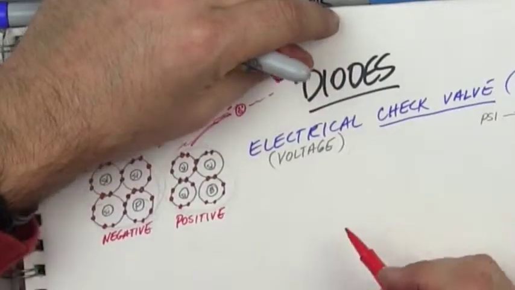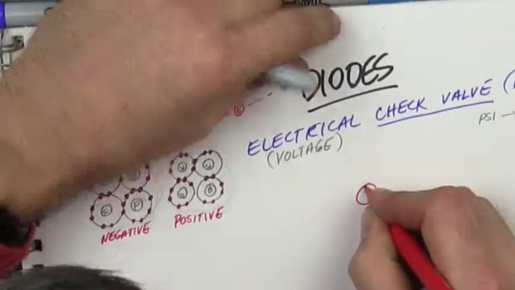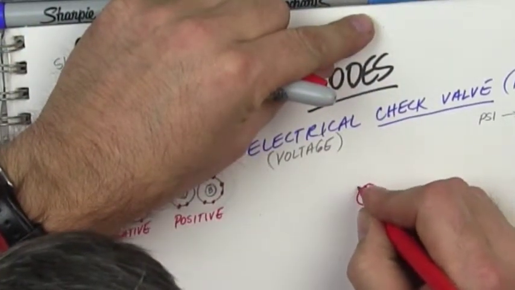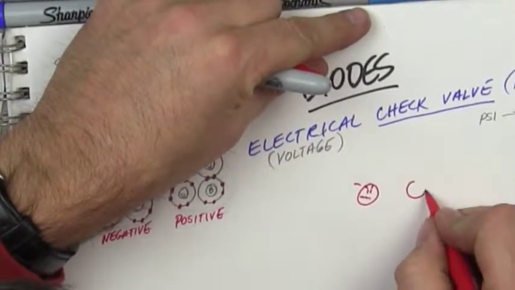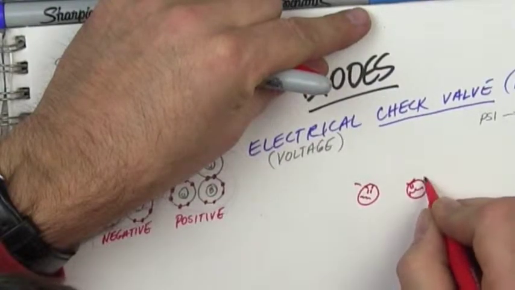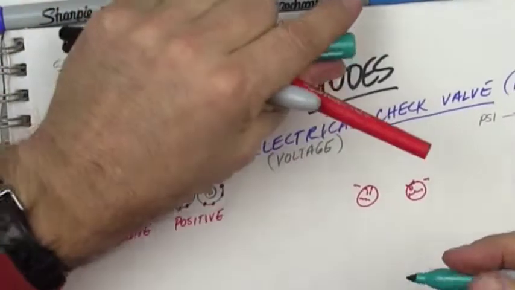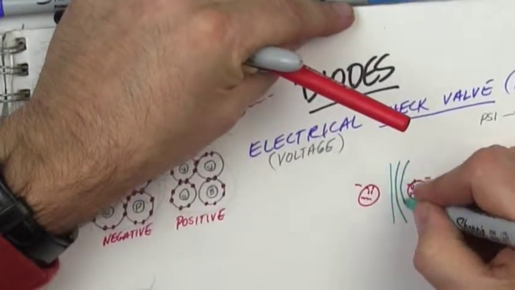At any rate, the first thing is, if you remember from one of the other videos, the electrons are negative, right? So there's an electron, and there's an electron there, and they're negative, and because they both have the same charge, these guys really don't want to be anywhere near each other.